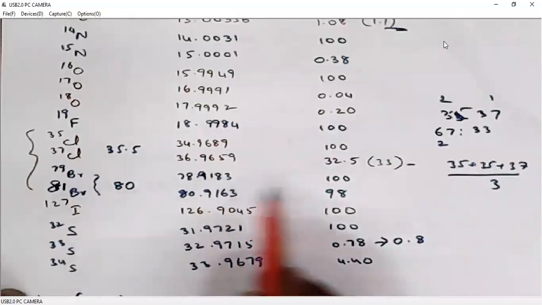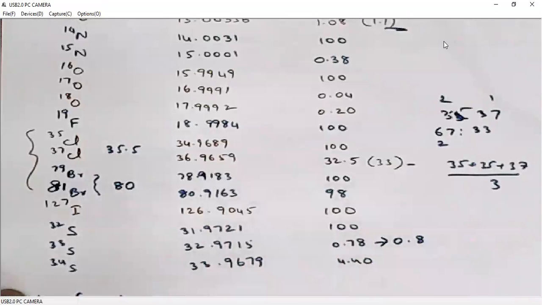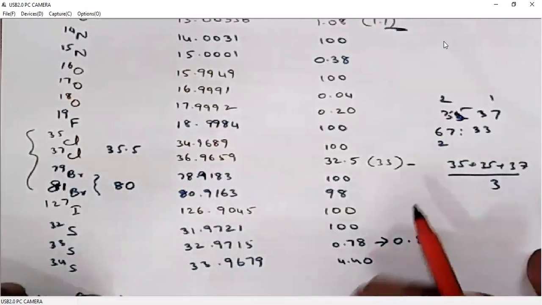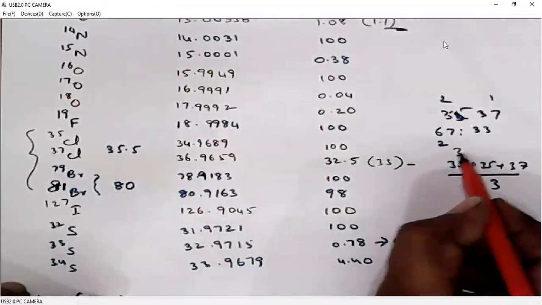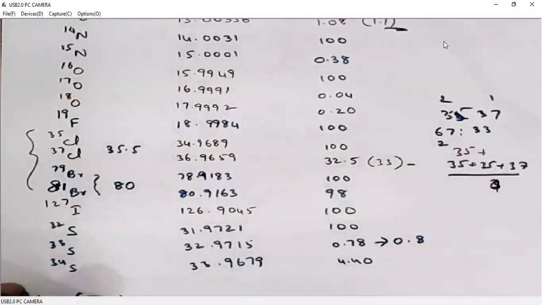Bromine 79 isotope is 100% available, and bromine 81 is also 100% available. Bromine is 1:1. Chlorine is 3:1. So you need to go for 35 plus 35 plus 35 plus 37 by 4, because chlorine is 3:1.